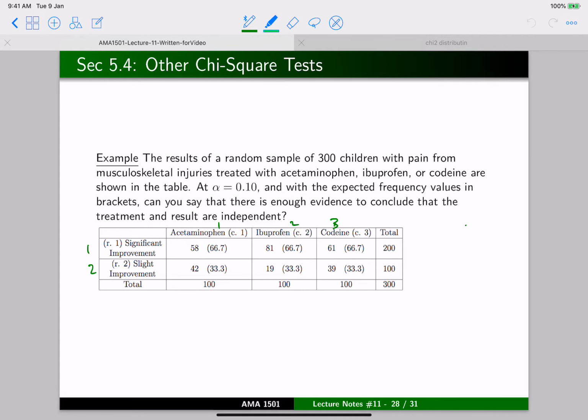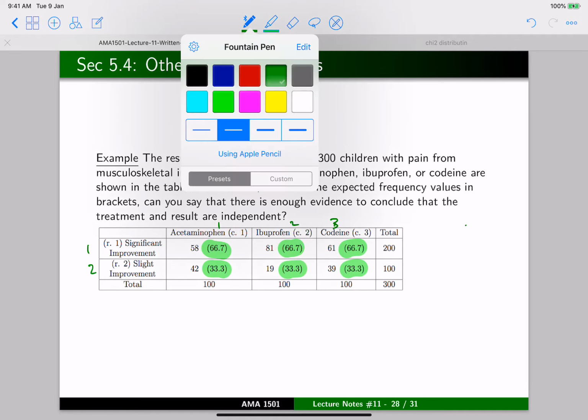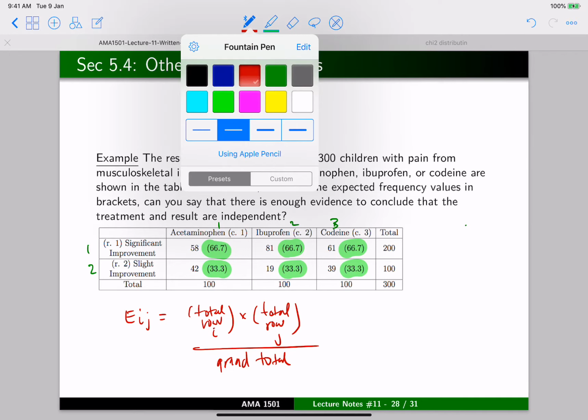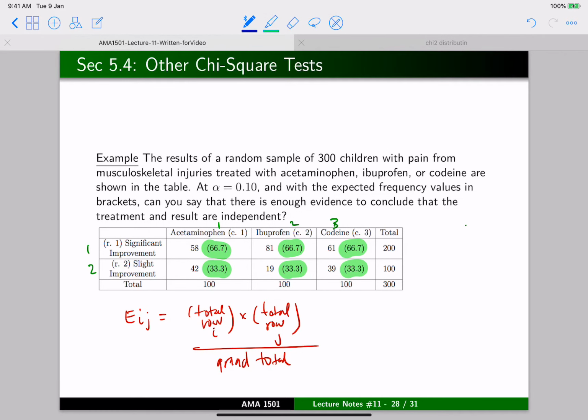Now, to get these expected frequencies in green, remember the formula for the expected frequency is the total of row i times the total of column j divided by the grand total. Just do this for a couple of examples and then you can figure out how to do the rest. For example, this is E11.